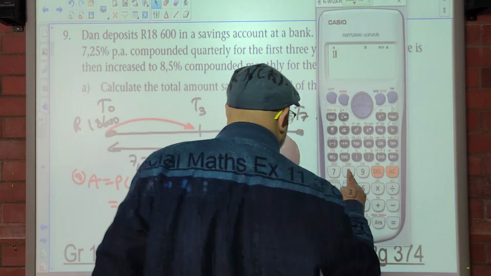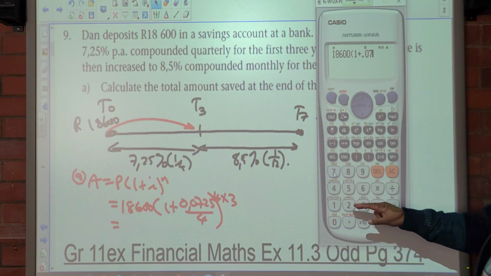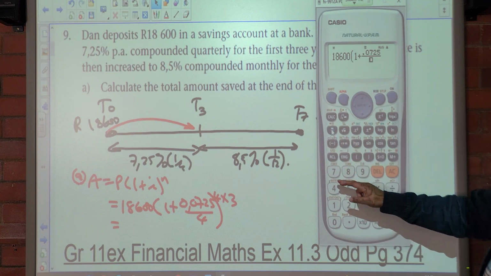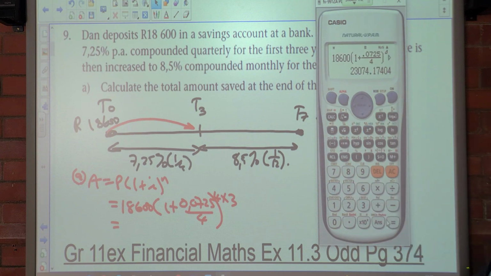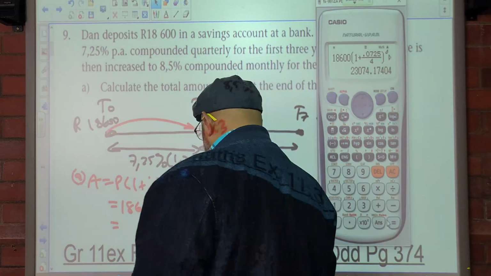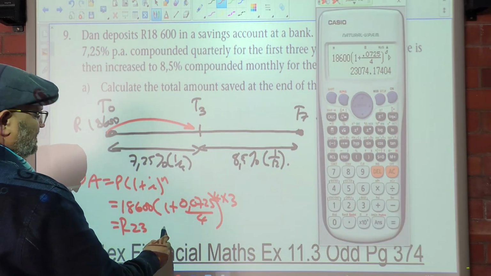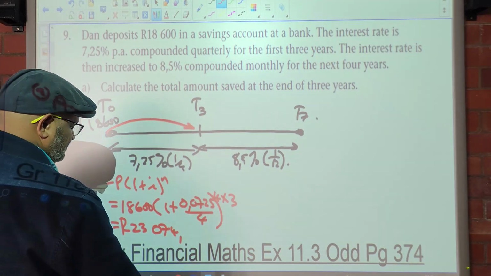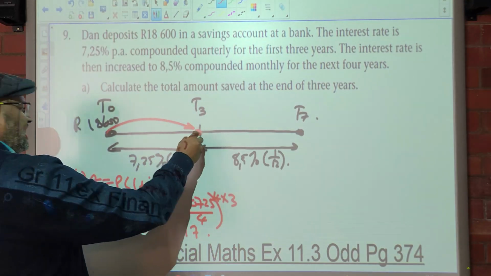It's going to be 18,600 into 1 plus 0.0725 over 4 to the exponent 4 times 3. So that gives you 23,074 rand and 17 cents. You all agree with that? So that's the amount lying at that point there.